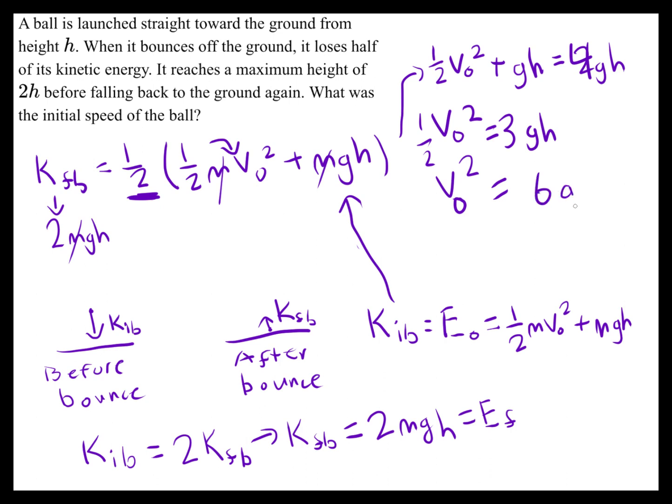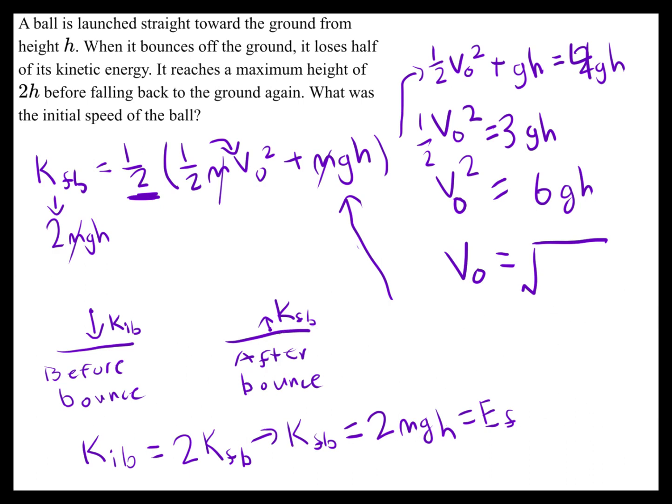That was a little mistake there. Now we can solve for the initial velocity. The initial velocity is going to be the square root of 6gh. So that's the initial launch speed of the ball, and that is how you would solve this problem.